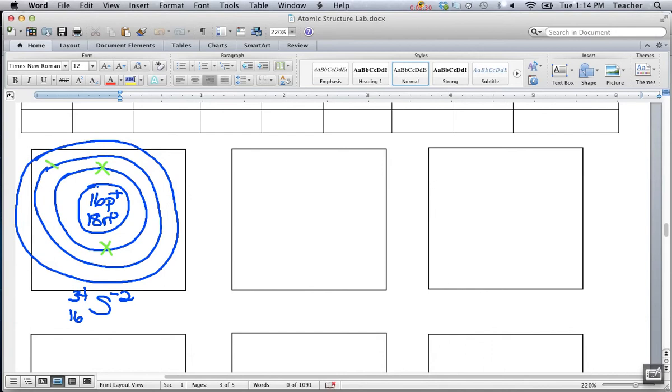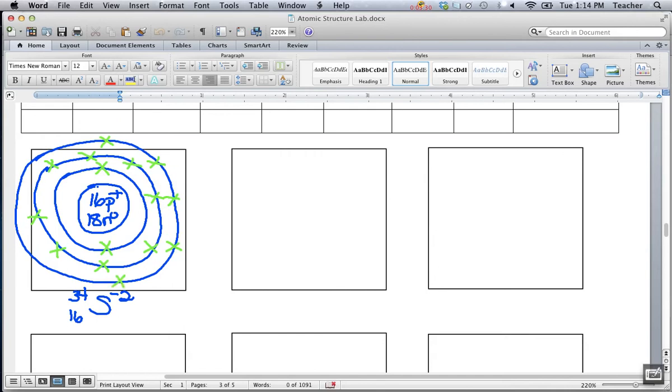My second ring can hold 8 electrons. So 2 plus 8 is 10, so I need to place 8 more. My third ring can hold 18, so I can place my 8 on there and be just fine. I haven't filled it up, but it's okay.